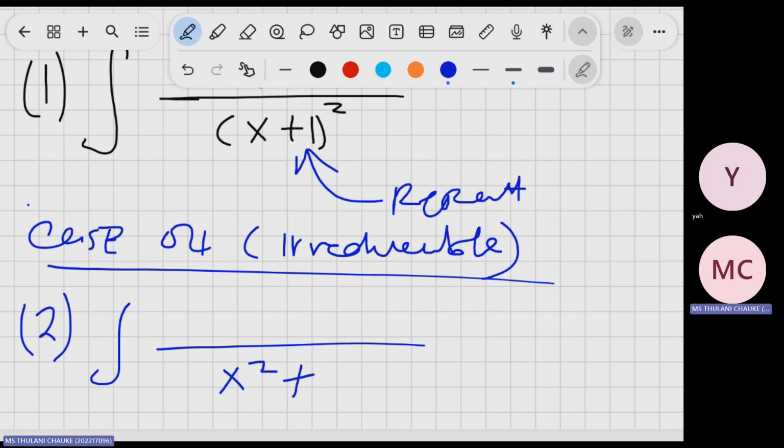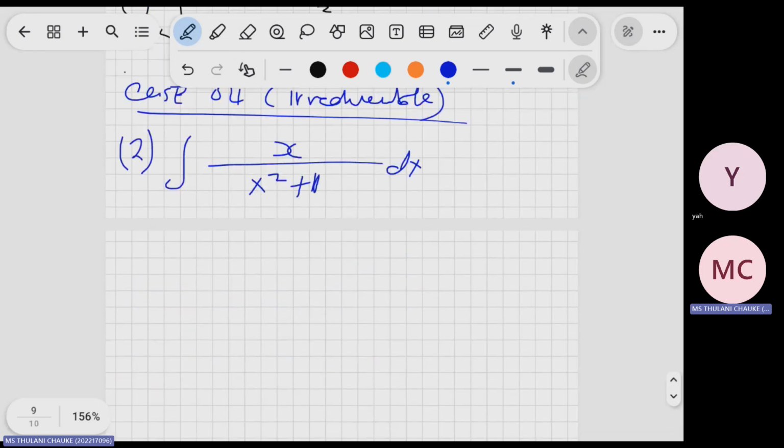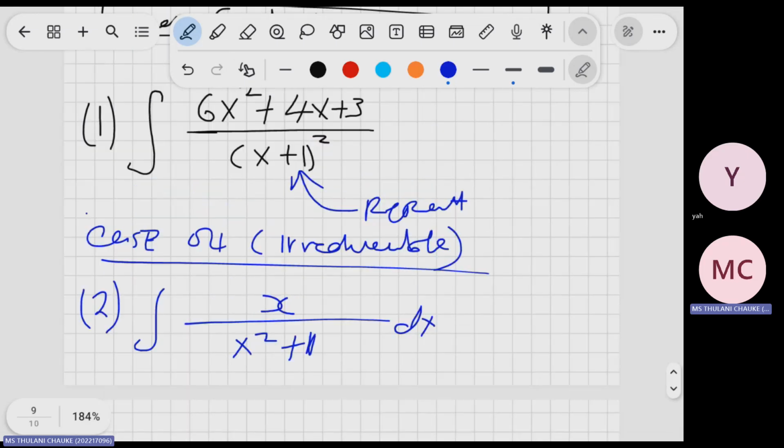I said by irreducible, we mean something that cannot be factorized. Let's say you have this, then here you have that. Let's stop here. I don't want to give you a lot of things.